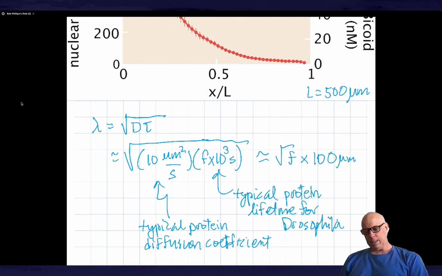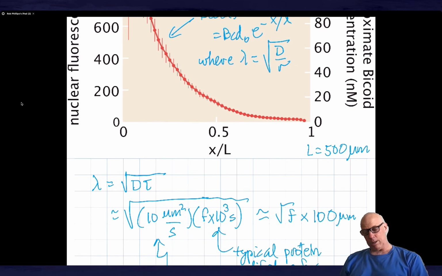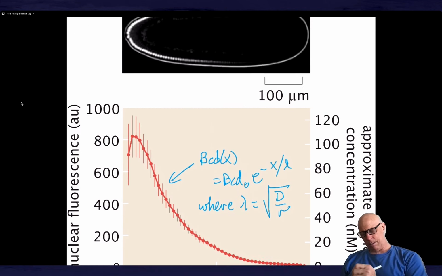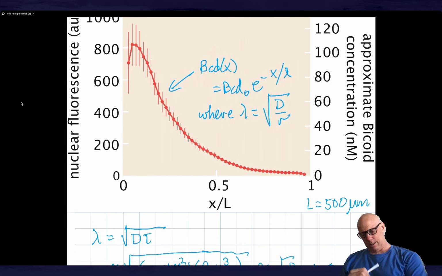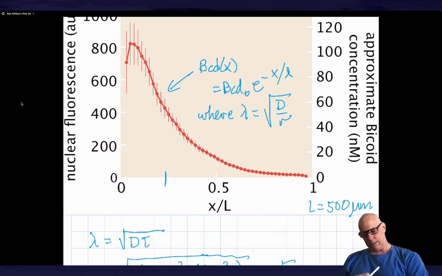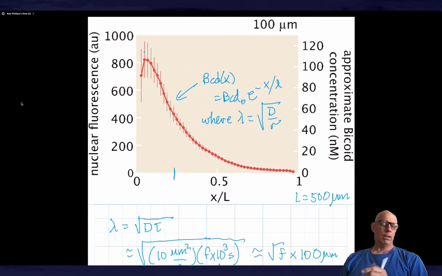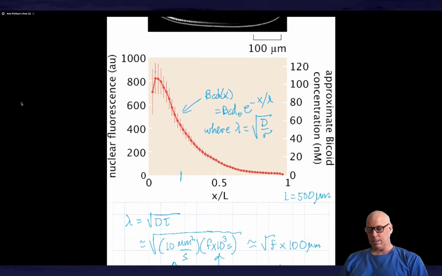So I just plug in some numbers, and what I get is a number of order, let's say, something like 150 microns, which is going to be some characteristic scale, like a length scale over here somewhere. So this thing is an exponential, and the analysis that we did in terms of what the length scale is actually quite sensible.